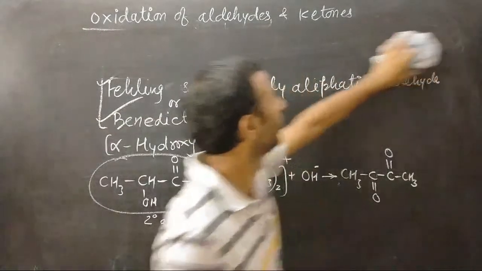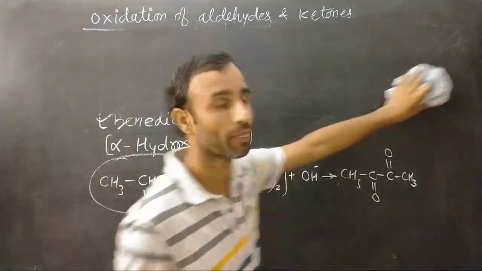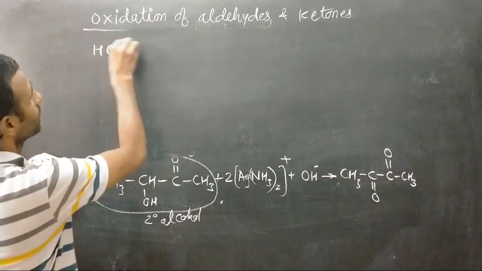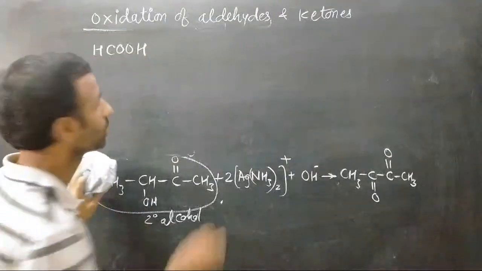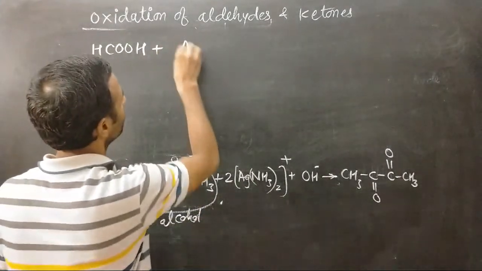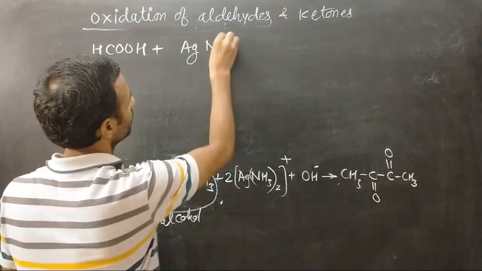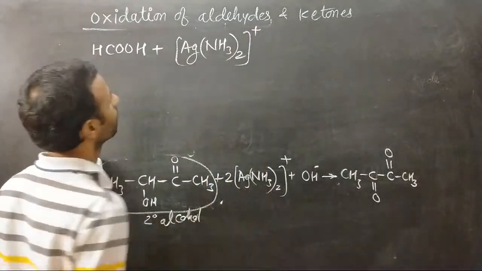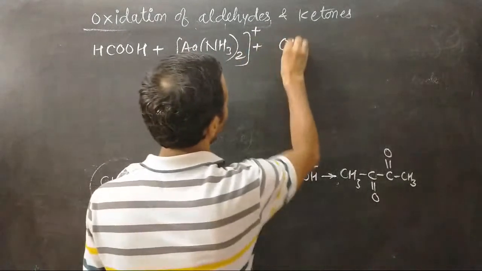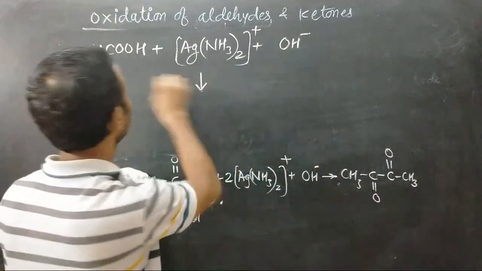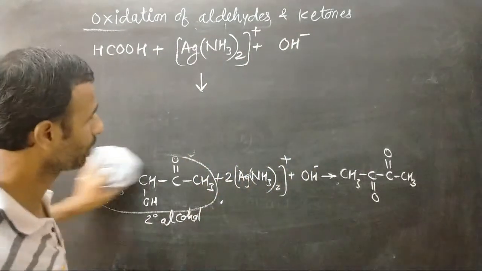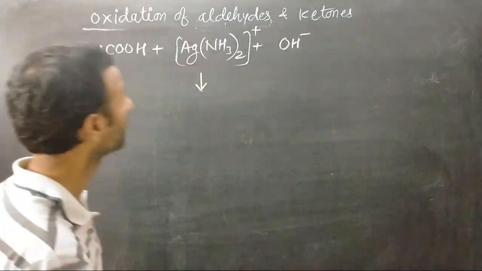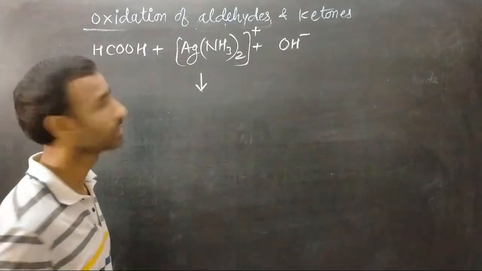That is alpha hydroxy ketone, and one more exception: formic acid can be oxidized by Tollens reagent. Only formic acid can be oxidized by Tollens reagent.